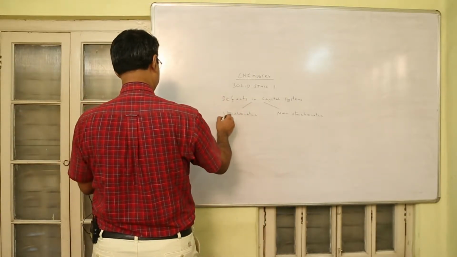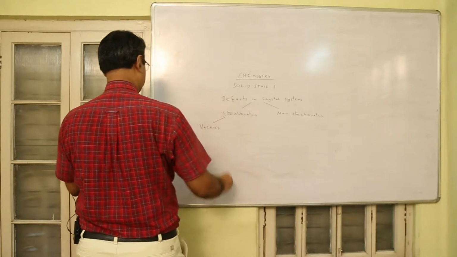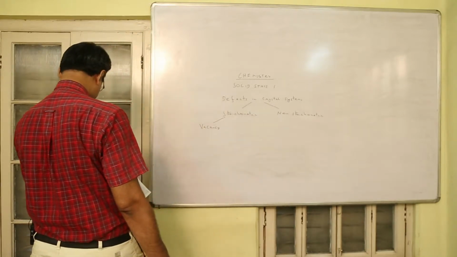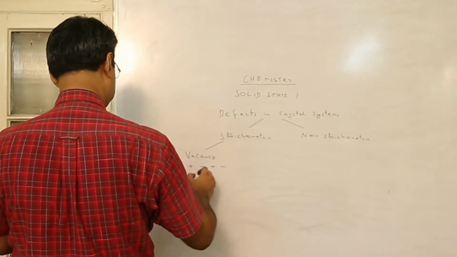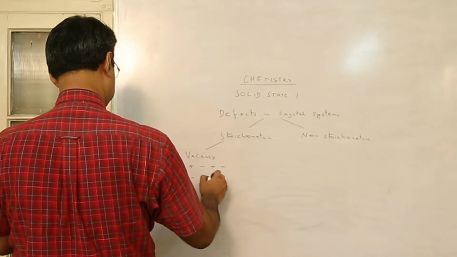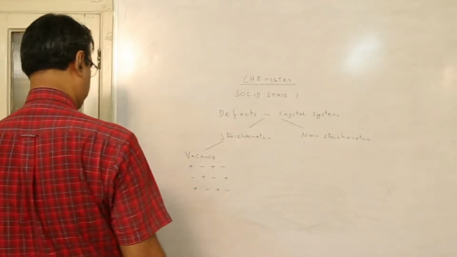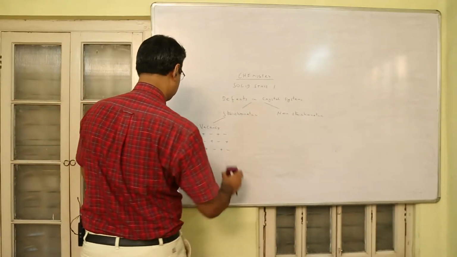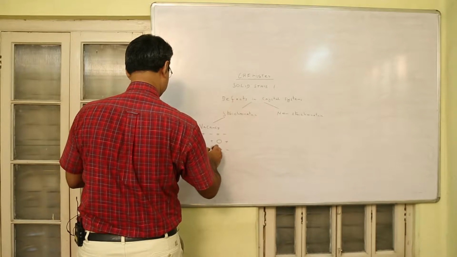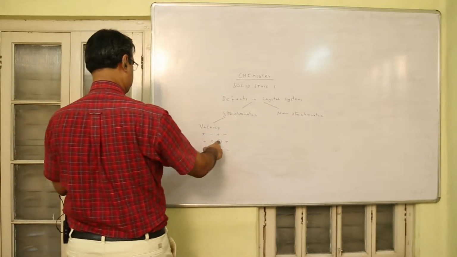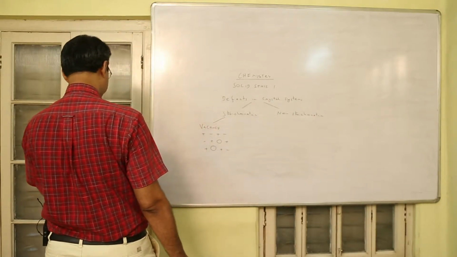Now stoichiometric defects can be classified as: first is vacancy defect. If any constituent particle is missing from its lattice position, that is known as vacancy defect.